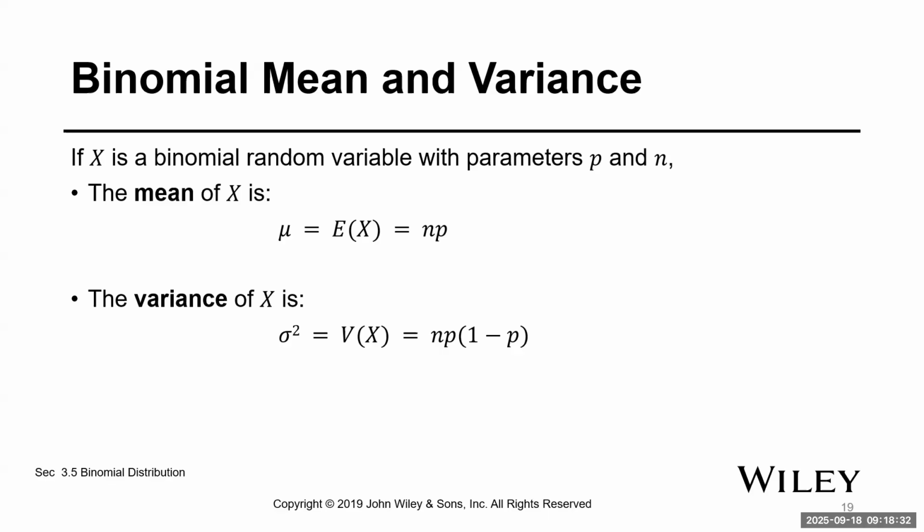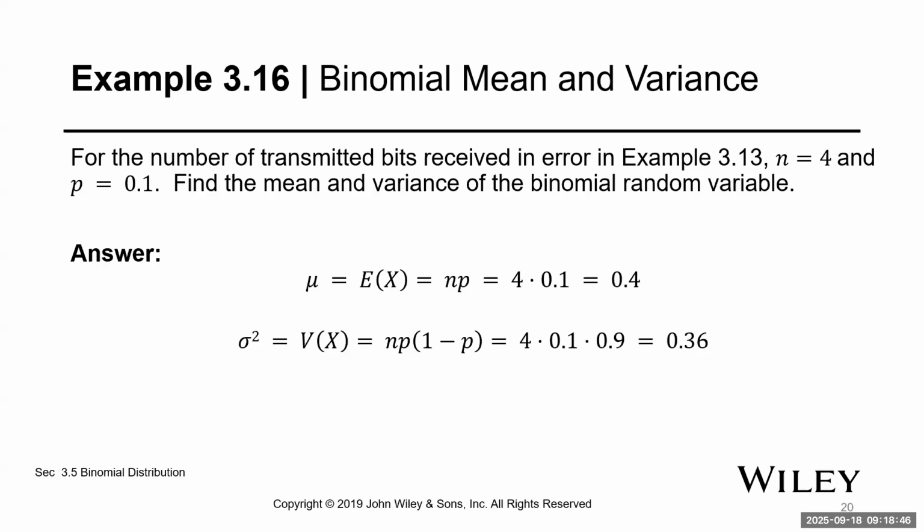The variance, again, this is derived in your textbook if you'd like to see why this is true, is np, so our expected value, times 1 minus p, or the probability of a failure. So that's the binomial mean and variance. So we have the previous example, the number of bits received in error, a probability of receiving one in error was 0.1.